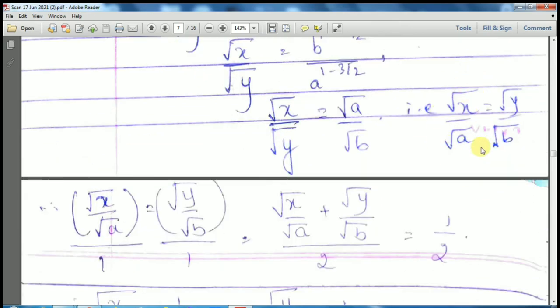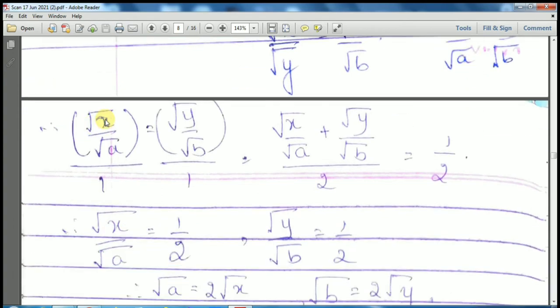Now this is one factor and this is one factor. We can equate these two. So we are taking 1 in the denominator for the whole terms. So root x by root a by 1 equal to root y by root b by 1.